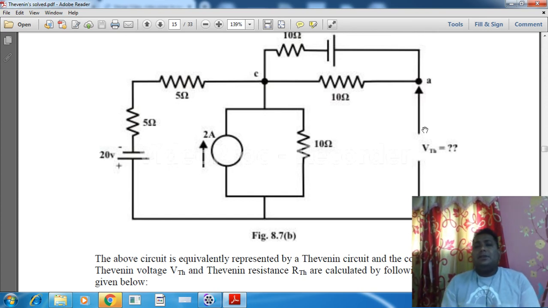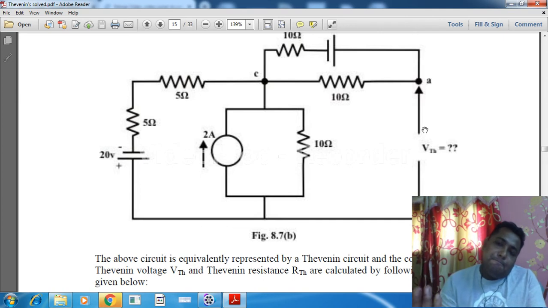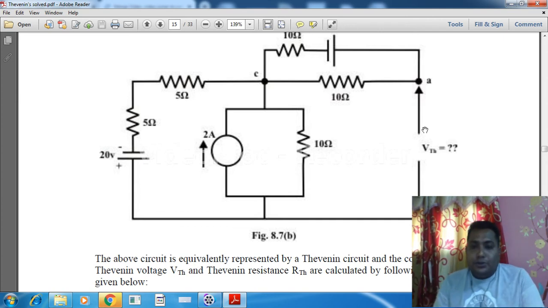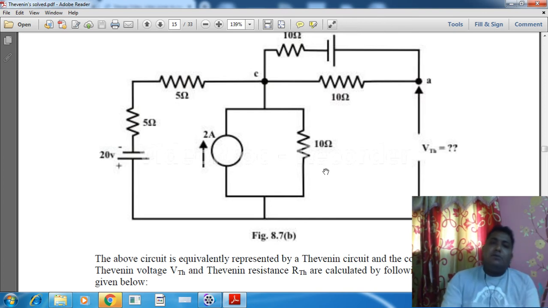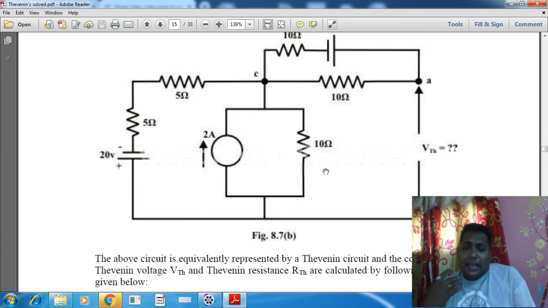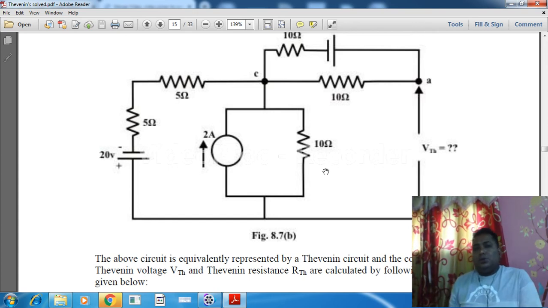We will apply Thevenin's rules to find that. We can apply KVL, we can apply KCL, and at the same time we can apply the concept of the superposition theorem. If we apply superposition, we can consider a single source at a time, find VTH, and at the end combine all of them, but that is actually a lengthy process.